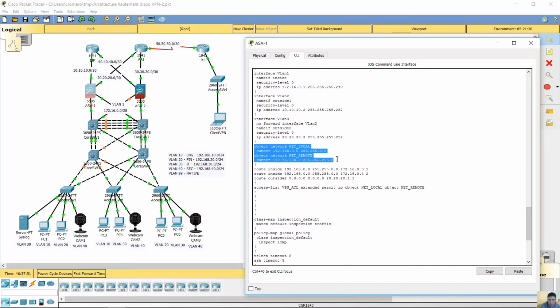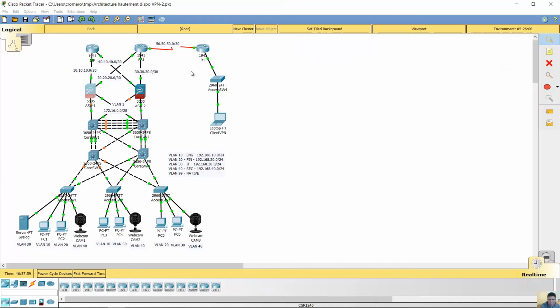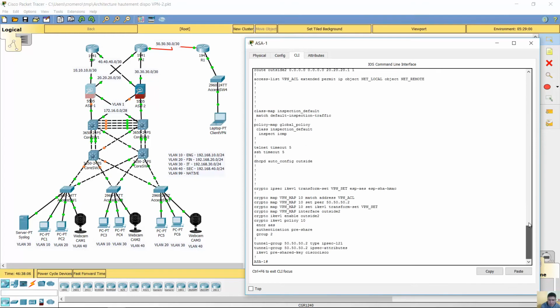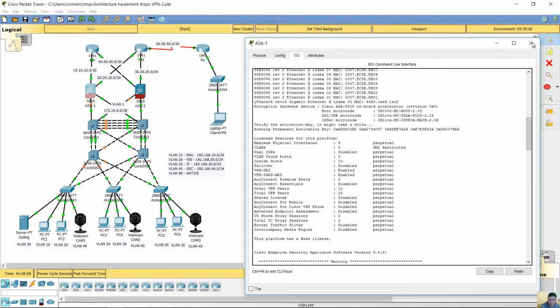The object networks for the VPN: the local source, and the destination network, that is the network of the client VPN. Okay, I think that is all.